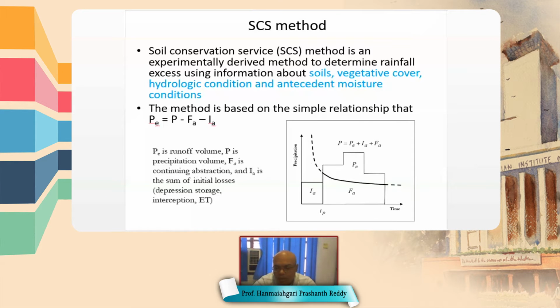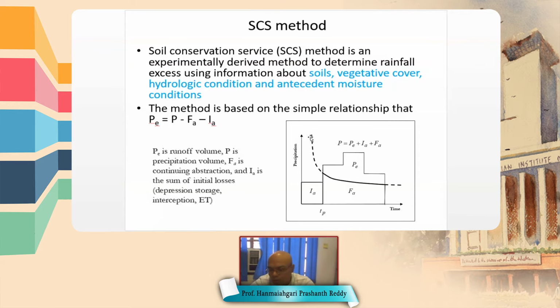Finally they developed some curves and also gave equations to calculate rainfall excess. You see this figure, this is precipitation versus time. The hydrograph shows the rainfall intensity of that storm.